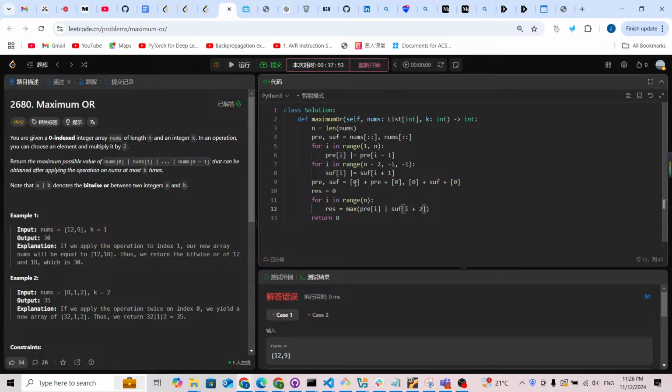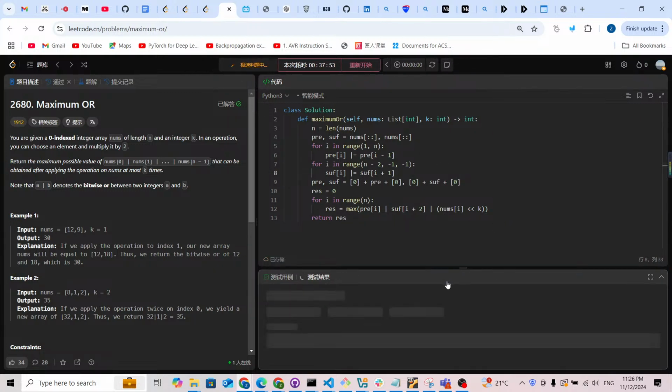Because we used the padding 0 on the left and right side, this means i plus 2 is still inside the range for the suffix array. And we still need another OR, so this OR is going to be with nums i left shift k. Finally, we're going to return this result.